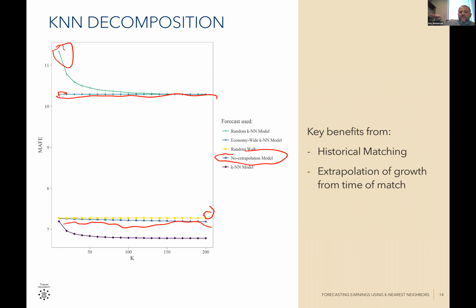It's very similar to the random walk, but instead of using the subject as its own match, we use the median of its neighbors this year as the forecast of next year. And that only slightly beats the random walk. You need the combination of both matching on the neighbors and extrapolating the subsequent growth. So for firms with similar earnings, I guess we should say both profitability and trend, as Jeremiah pointed out to you, if we extrapolate what happened to them the following year, that's the best forecast of what will happen to you.